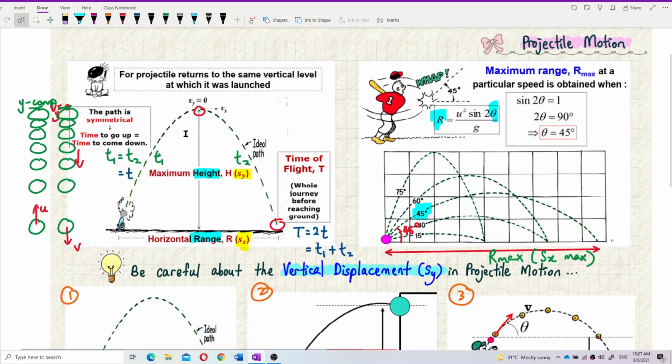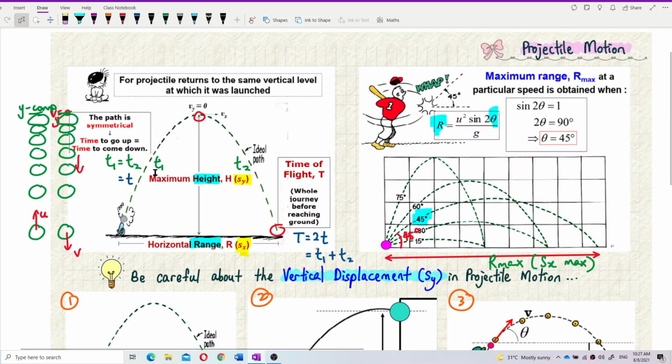Although this is a symmetrical path, we don't really have to divide the whole motion when we want to find the time of flight. We don't have to find T1 and T2 and then add T1 plus T2 to get the time of flight.